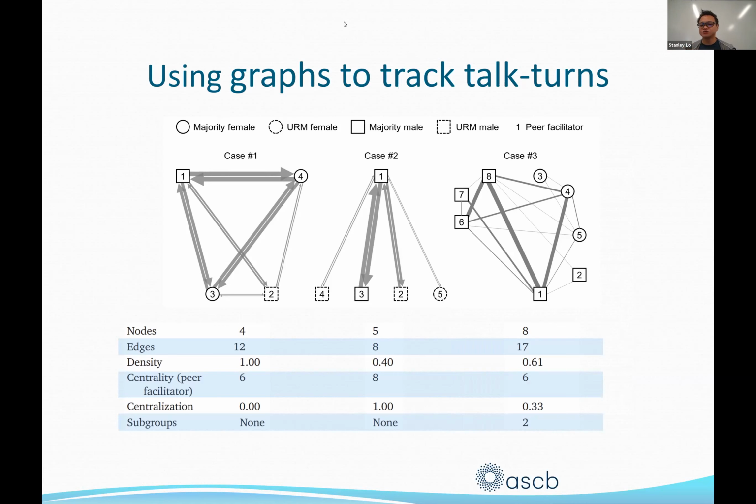But mathematically, the groups come out very interestingly by gender demographics. All the men were in a subgroup, except for number 2, who is off on his own. Essentially, the 4 men on the left-hand side were in a subgroup together, including the peer facilitator, and persons 3, 4, 5 were in another subgroup together.